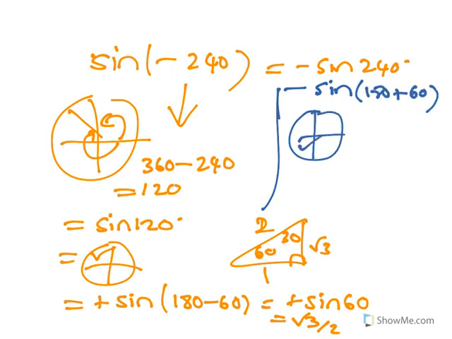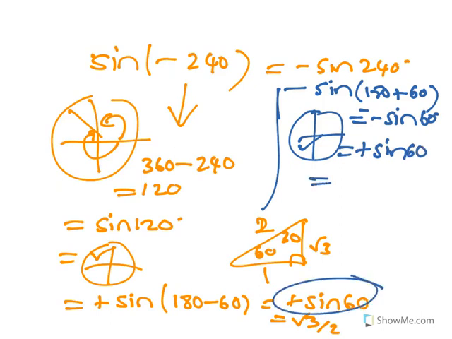That's 180 plus 60 to get 240, so that's sine 60, but sine is negative in that quadrant, so it's minus sine 60. So with the minus in front, it's going to be plus sine 60, which is what we ended up with here anyway, which is root 3 on 2.